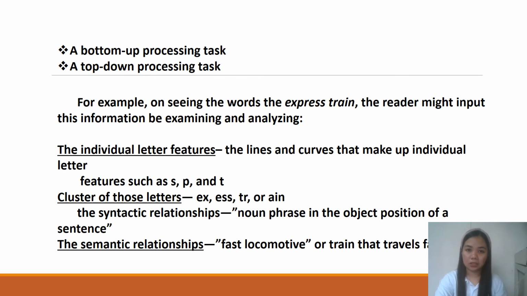For example, on seeing the words "the express train," the reader might input this information by examining and analyzing the individual letter features, the lines and curves that make up individual letters such as S, P, and T; clusters of those letters, AX, ESS, TR, or AIN; the syntactic relationships, a noun phrase in the object position of a sentence; the semantic relationships, fast locomotive, or train that travels fast.